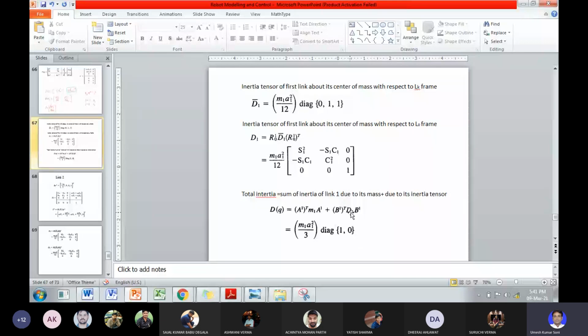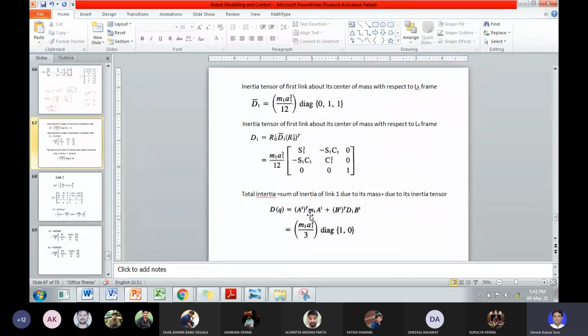You have calculated D1 represented in the base frame, and you have the M1. This is for linear motion and this is for angular motion. So actually this is part of the kinetic energy, which has q dot, Dq and q dot transpose. You have that equation: 1/2 q dot transpose Dq q dot. Okay, kinetic energy. So in that, Dq is this term.